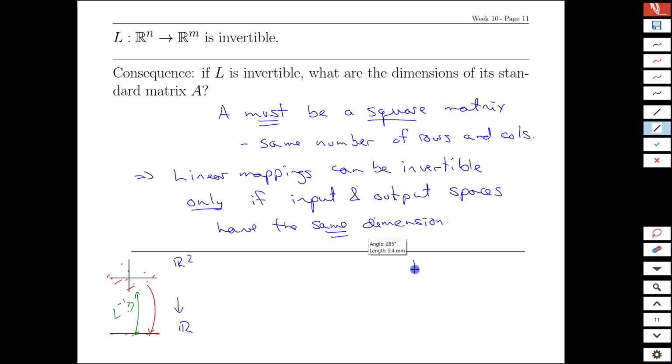Likewise, if we had R2 again, but we went to more dimensions, we went to R3, what happens there, again, in the general case, if you took a sort of arbitrary linear map and mapped all the points in R2 to R3, because it's linear, you're not going to get any more space filled. So if you start with a plane in R2, the most you're going to get out is a plane as a subset of R3. Now, what's the problem with that?